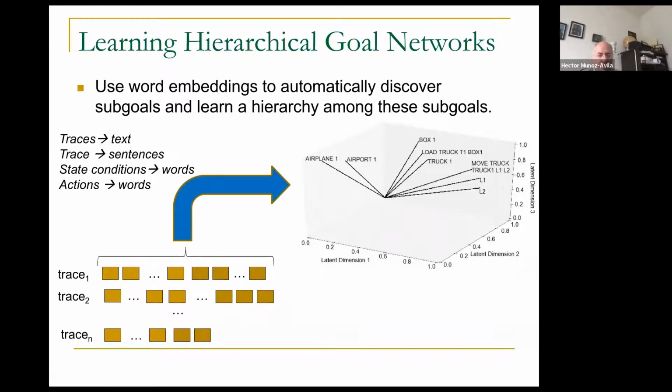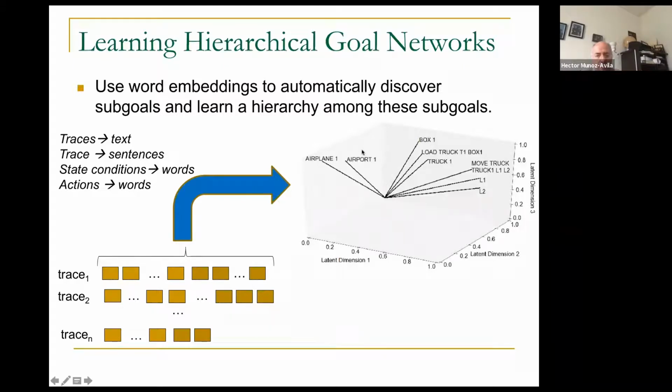And this vector will have an orientation in such a way that when elements in the plan frequently occur, like for example a particular applicability condition happening frequently near some action, then those vectors will have similar orientation.